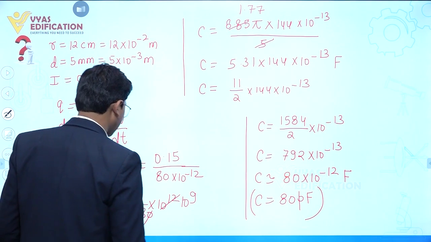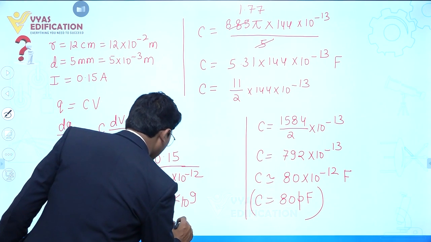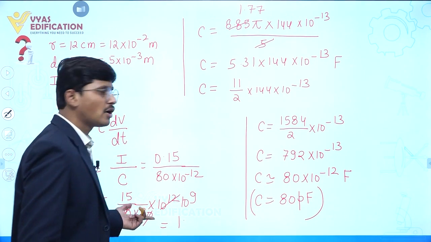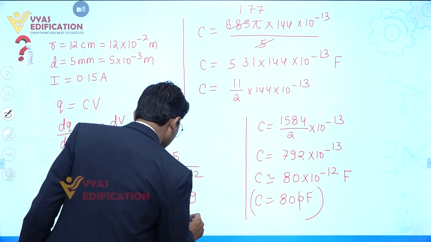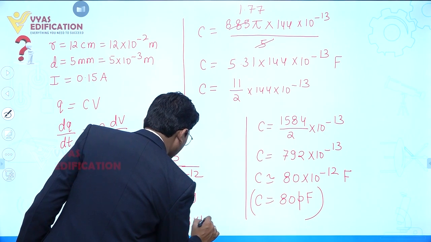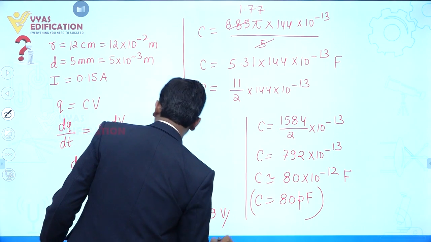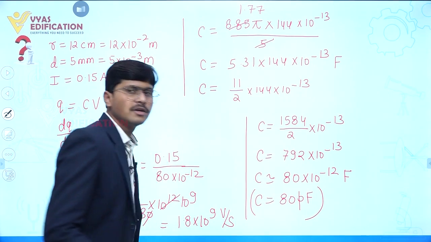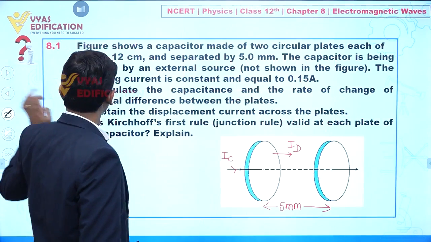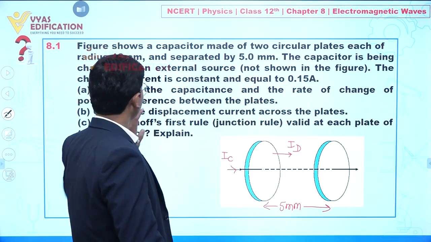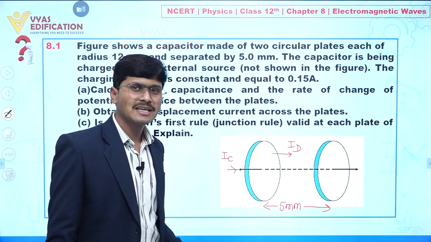So from here we can write this as 1.8 into 10 to the power 9, and this is volt per second, clear. So this is the answer for the rate of change of potential difference between the plates, clear to everyone?